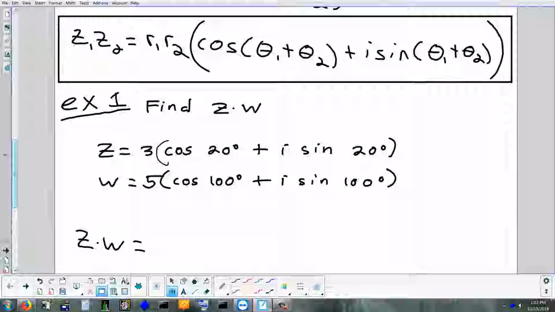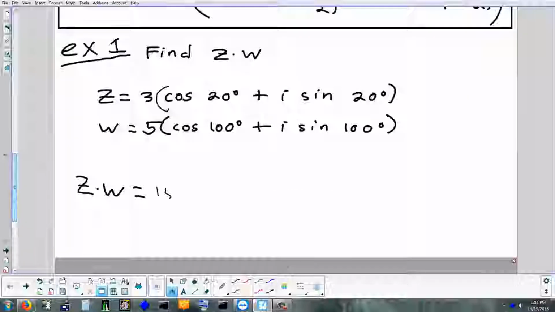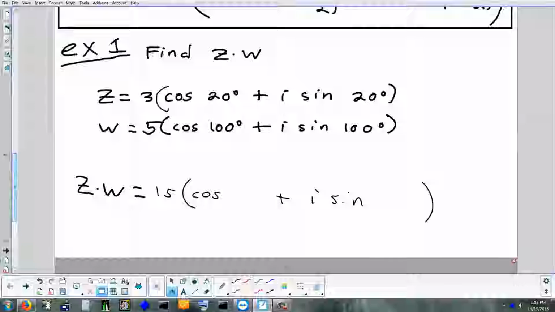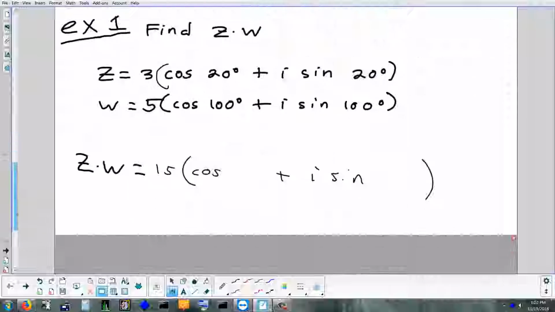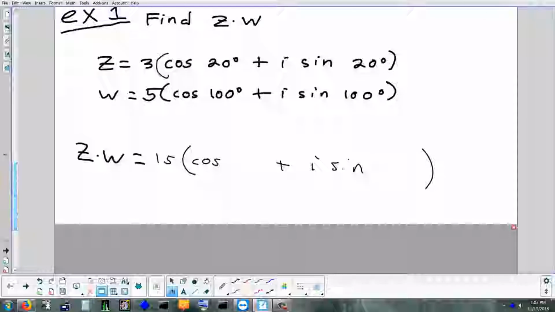Yep, 5. 3 times 5, that's the radius for z times w, which is how long? 15. So halfway done. 15 cosine, and then I'm going to fill in an angle, plus i sine, and I'm going to fill in the same angle. So the rule says add the angles together. What would my angle be in the final answer? 120.